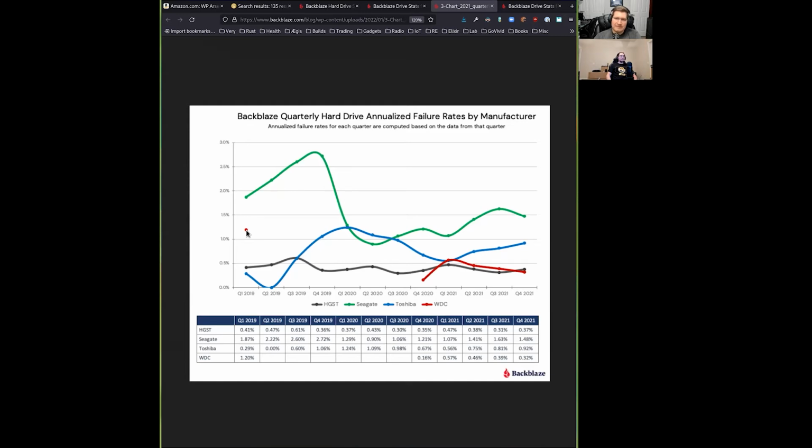What's your strategy behind that? I would only keep 2 to 3 drives spare per variant that I have. Like I'm running ZFS and I have a few vdevs that are 16 terabytes and I think only one that is 14 terabytes.